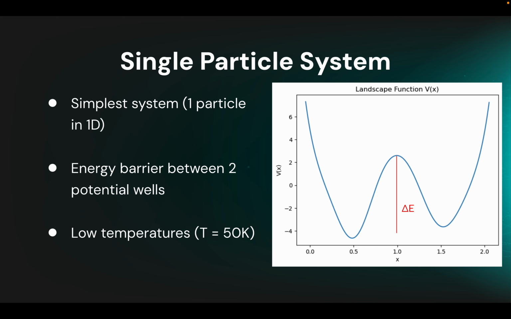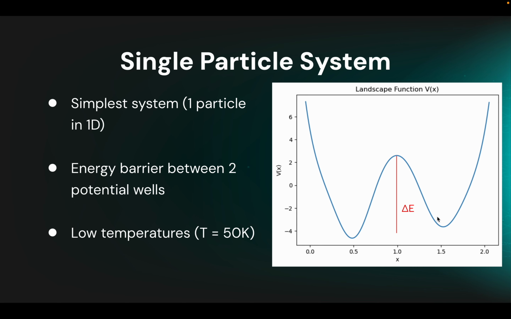All right, so now we wanted to actually apply this methodology to different systems. So we started with the simplest system, which is one particle moving in one dimension, and we have a two-well potential. So here we can see that we have our potential on the right. We have a well at x equals 0.5 and a well at x equals 1.5, and we have this large energy barrier at x equals 1.